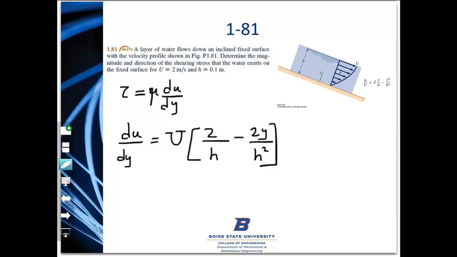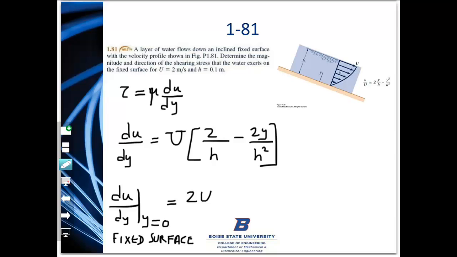Then you're asked to evaluate this at the fixed surface, so you want to find du dy at y equals 0, which is 2U over h.